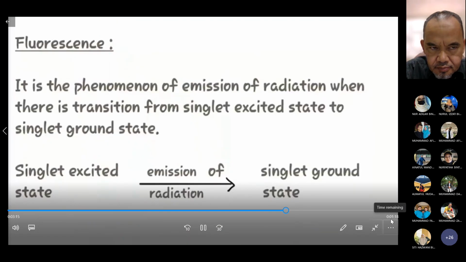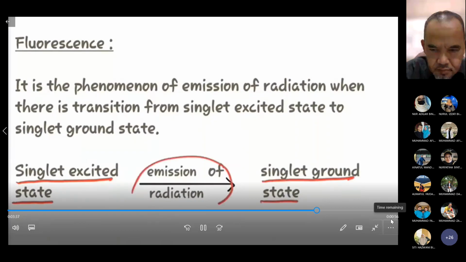Now let us have a look at the key terms which are included in Jablonski diagram. So the first is fluorescence. It is the phenomenon of emission of radiation when there is a transition from singlet excited state to the singlet ground state. That is, when the transition occurs from the singlet excited state to the singlet ground state, there is emission of radiation.